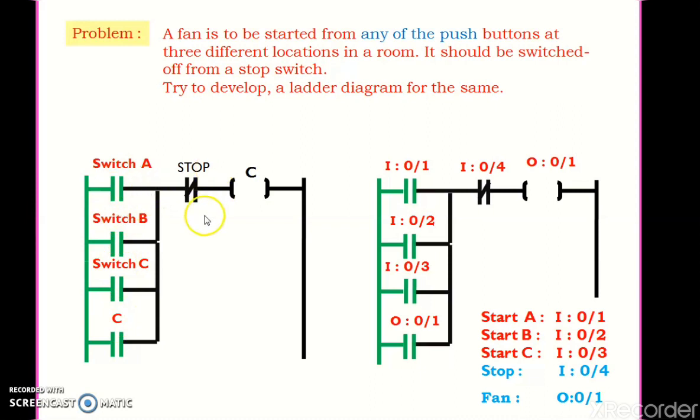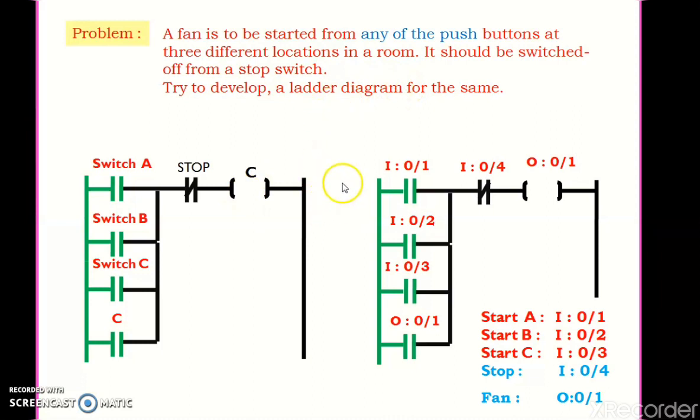It is combined in AND position with the stop switch and the coil. Here the concept of latching is used, where this coil is latched so that if any switch is pressed momentarily and then left, the coil will be continuously on and the fan will be on.